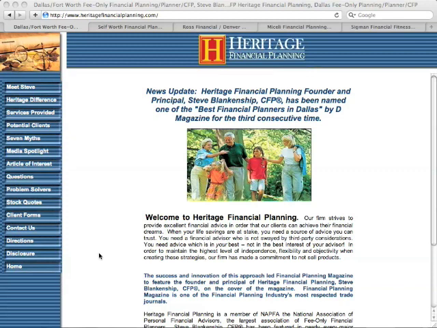On this site, we're looking at Heritage Financial Planning, and this is a typical site for a small business, in this case a financial planning firm. Now let's just carefully look at what is on this particular page. On the left hand side, we see of course navigation for the rest of the site.